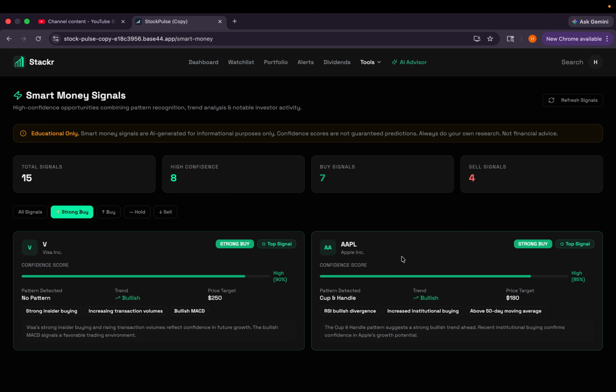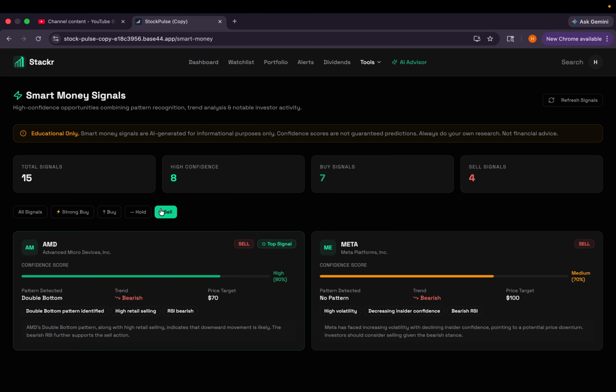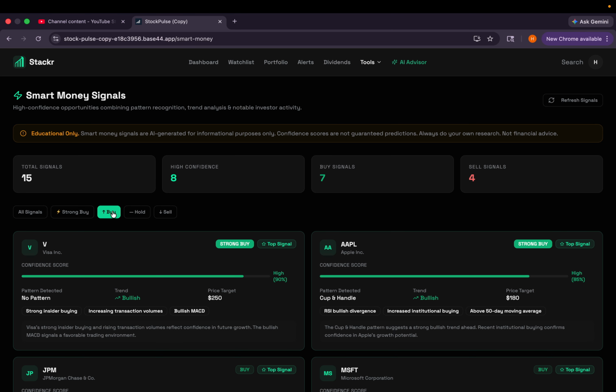We can see Apple and Visa are strong buys right now, and that it's bullish, so it's increasing in value, and we can detect the pattern that it is. In Apple, right now it's a cup and handle, and Visa just has no pattern. We can look at the price target, and it tells you what this suggests. And you can also do it for sell, hold, buy, and all types of signals.